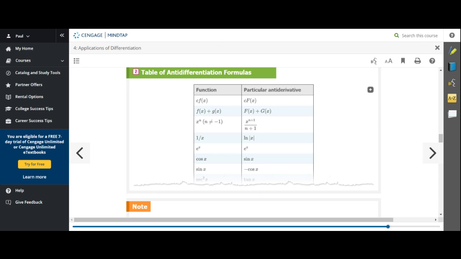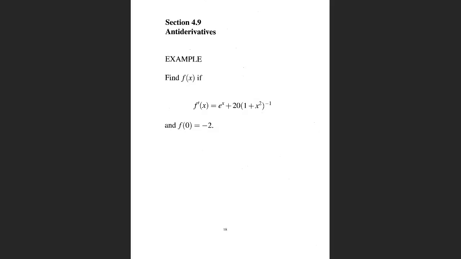All right. On that note, let me bring up an example. We're going to look at 3 of them here. Let me give you a moment to copy this example down for section 4.9.